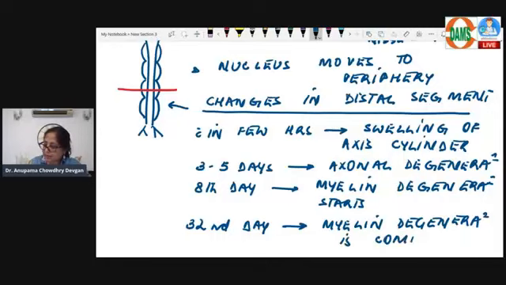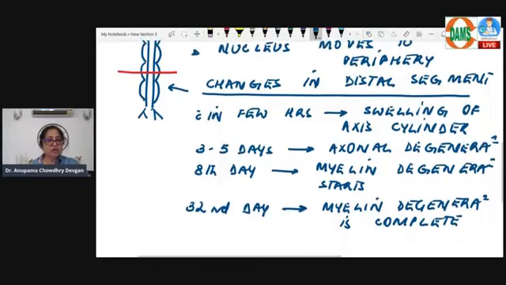So these are the changes which are going to happen.